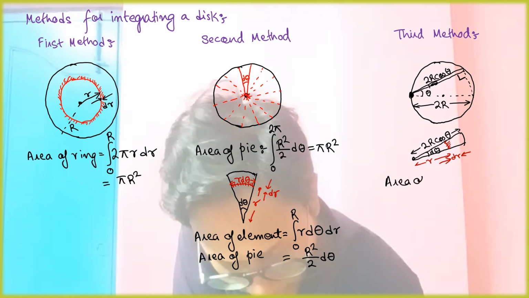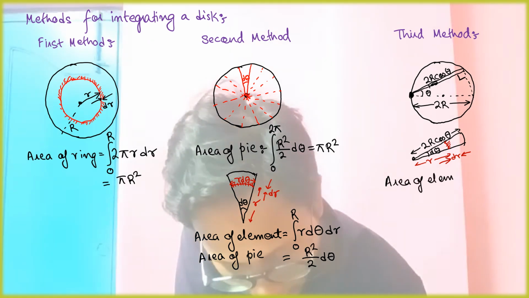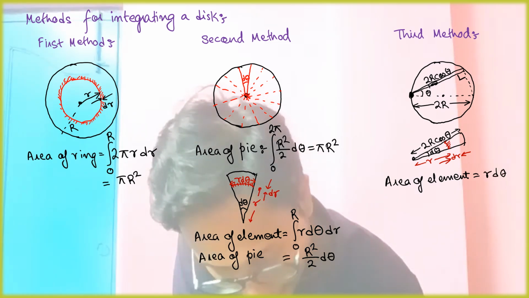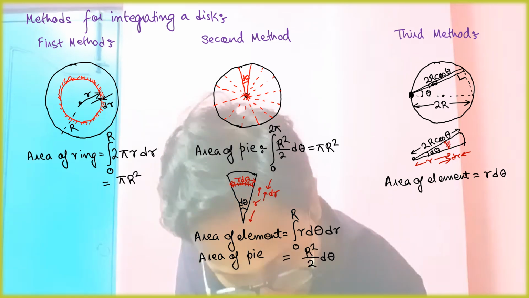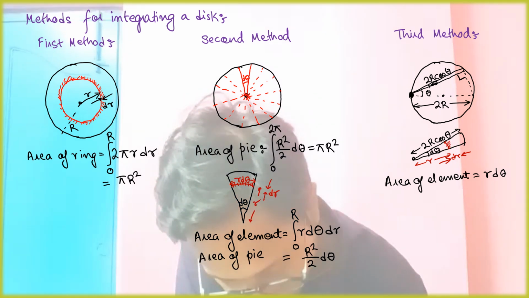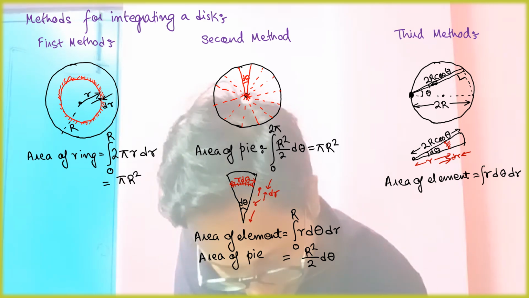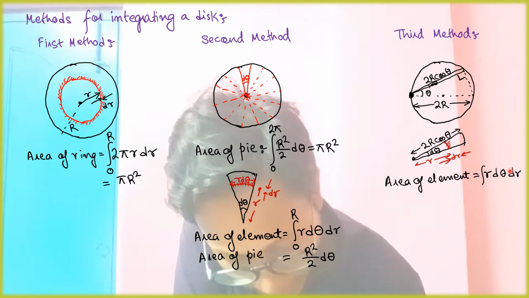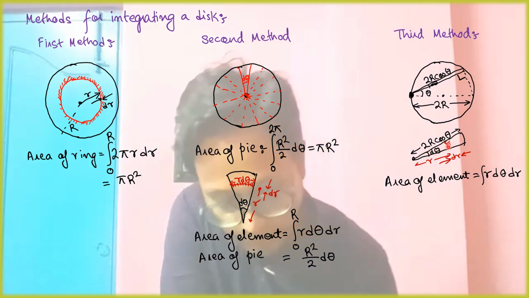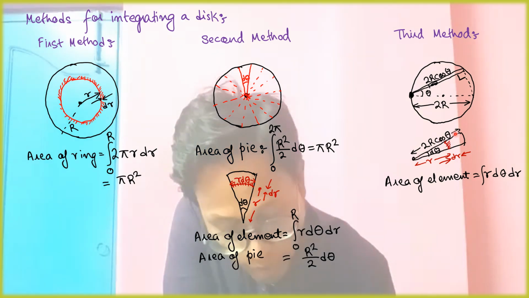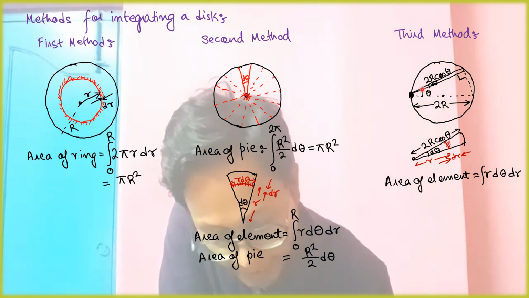Area of the element is nothing but r d theta, that is the length of the element, into the thickness dr. So r d theta into dr. This is the length of the element, this is the thickness of the element, and this is the area of the element. Now if I integrate this element from 0 to 2r cos theta, what do I get? I get the area of this pi, no? I get the area of this pi.